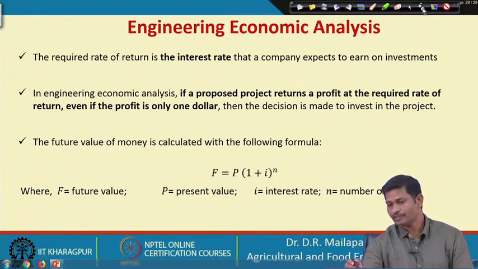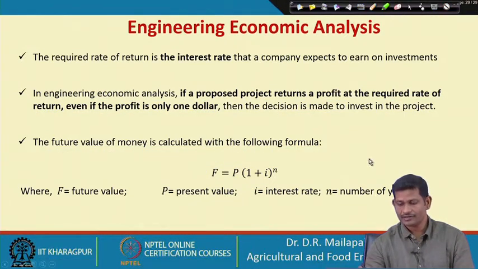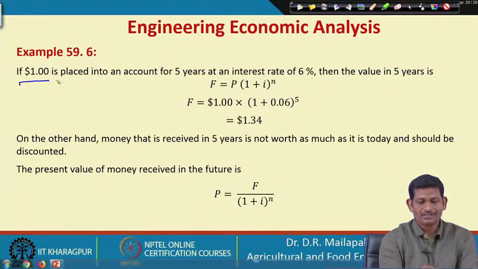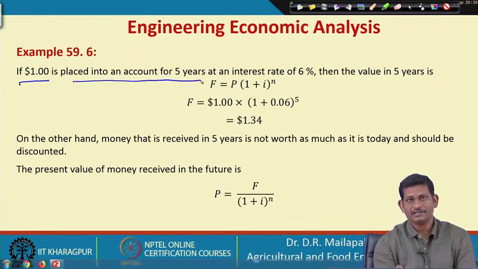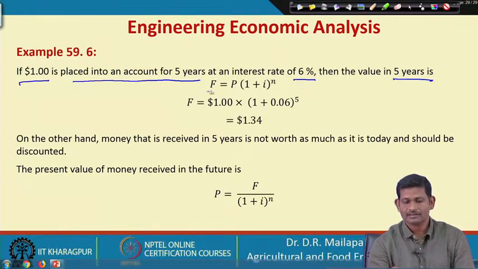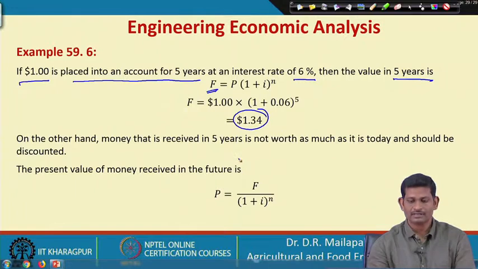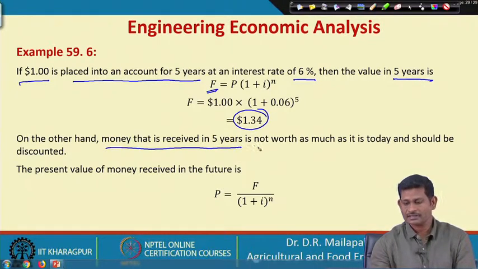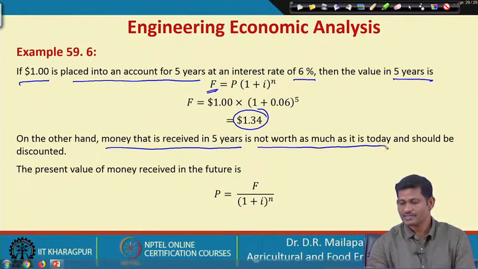For example, if $1 is placed into an account for 5 years at an interest rate of 6%, then the future value will be $1.34.